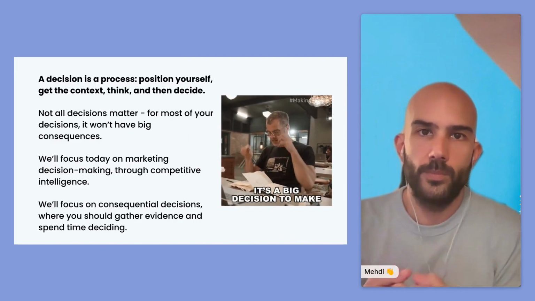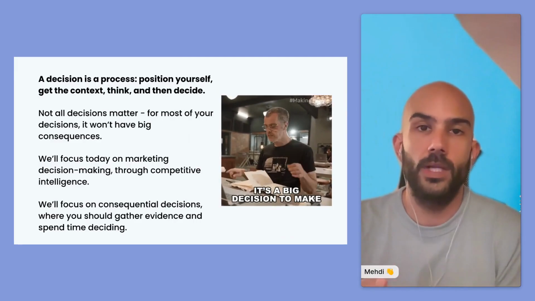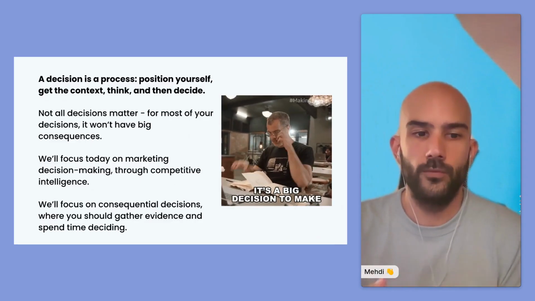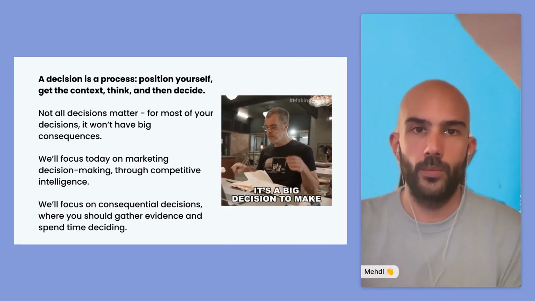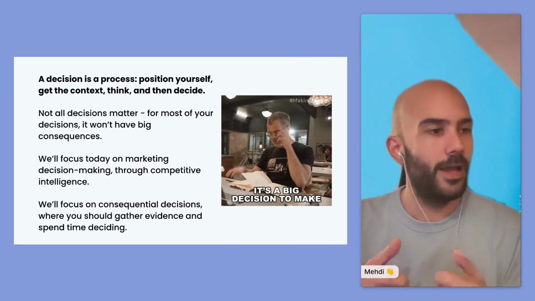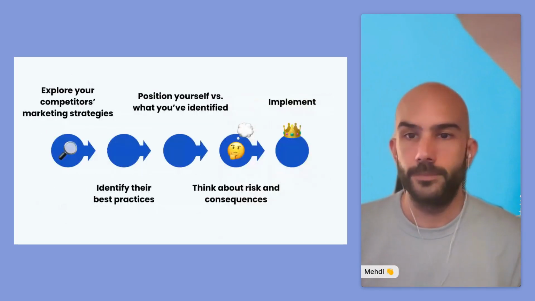The most important decisions that you can make, those are the ones that really matter, and those are specifically the ones that could be informed with competitors tracking, and that could really make important changes and have a big impact on your company.